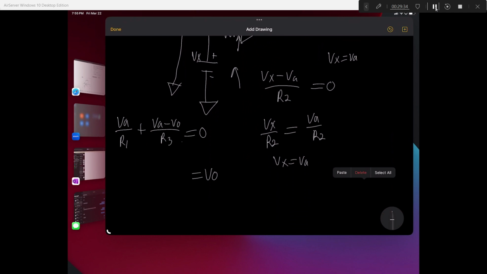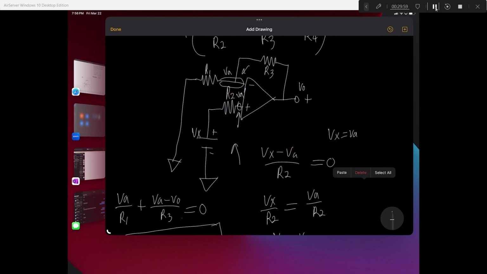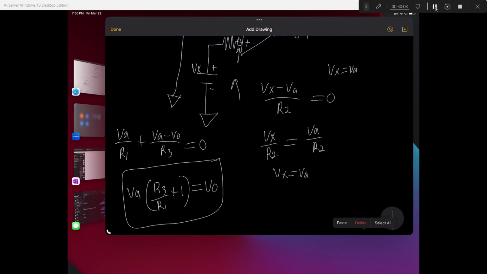We're going to get Va, and we'll factor out Va too. We're going to get R3 over R1, and R3 over R3 is just 1. So this is the equation we get for this non-inverting amplifier because the power source is connected to the positive terminal. And that's how we solve for that.